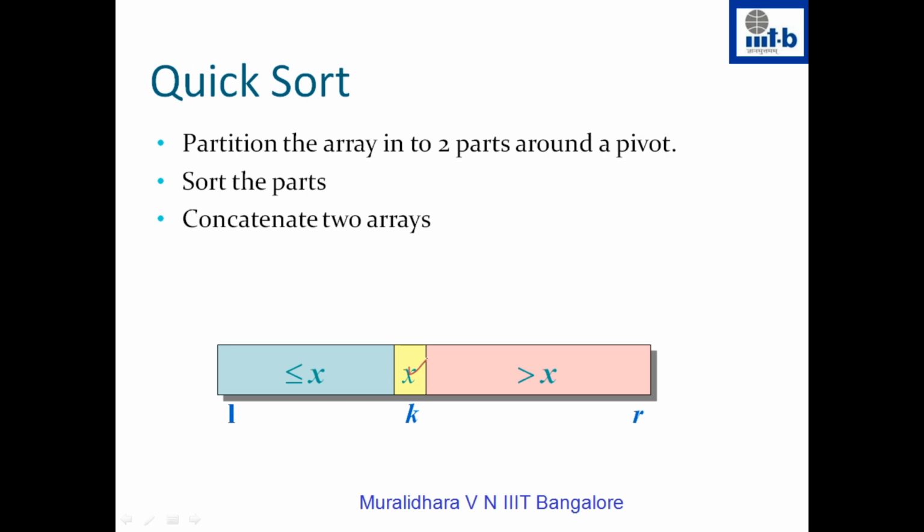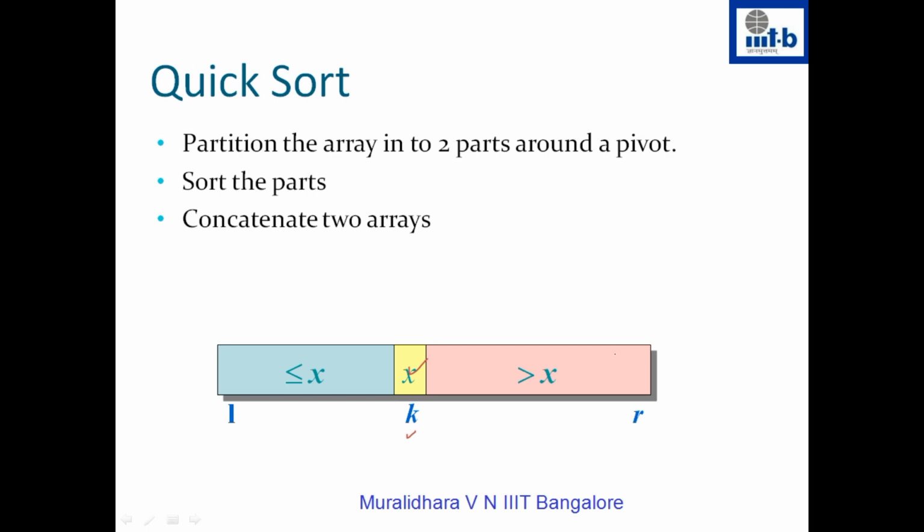Given the pivot, we need to write a partition function that will return a k such that all the numbers on the left-hand side of k will be smaller than or equal to the pivot, and anything on the right-hand side of k will be greater than the pivot.